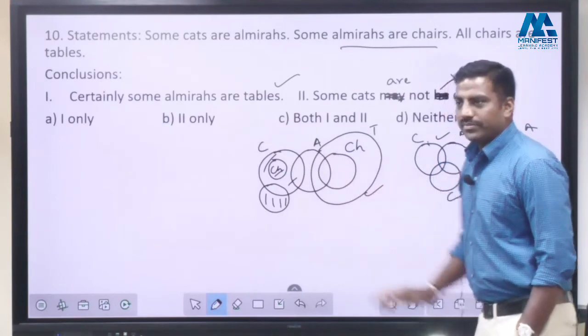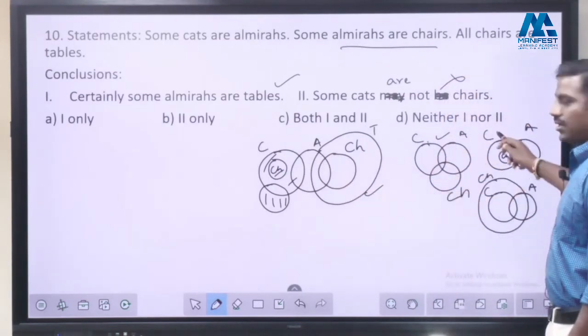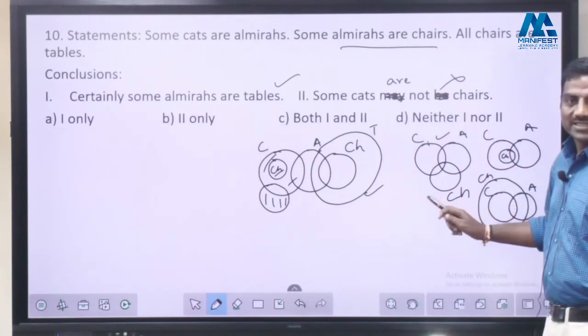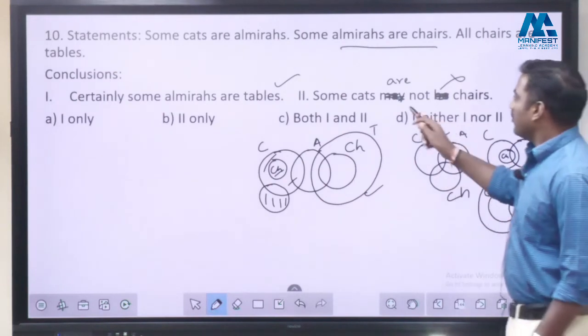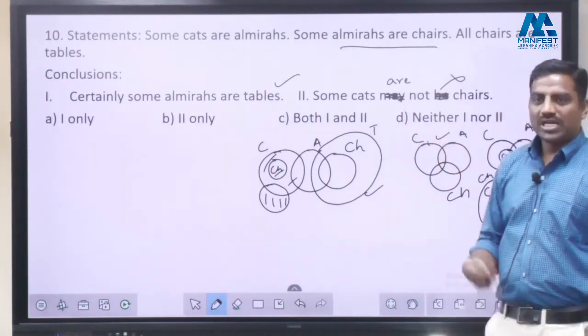This is okay. Here, fine. Here, some cats, but here, all cats are. So when they say some cats may not be chairs, that would be defeated.